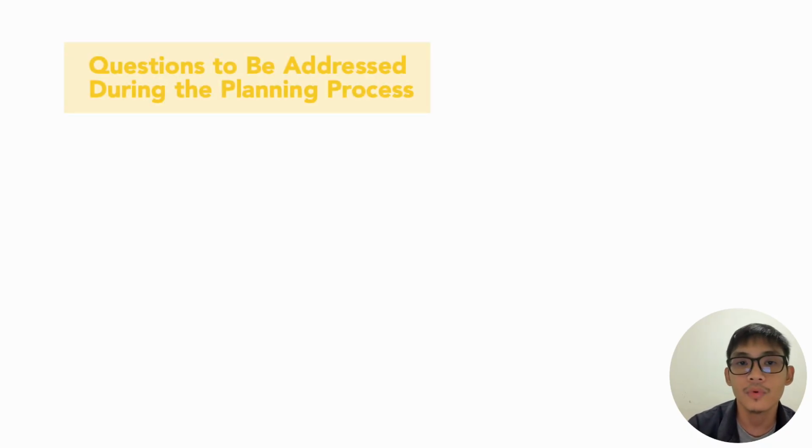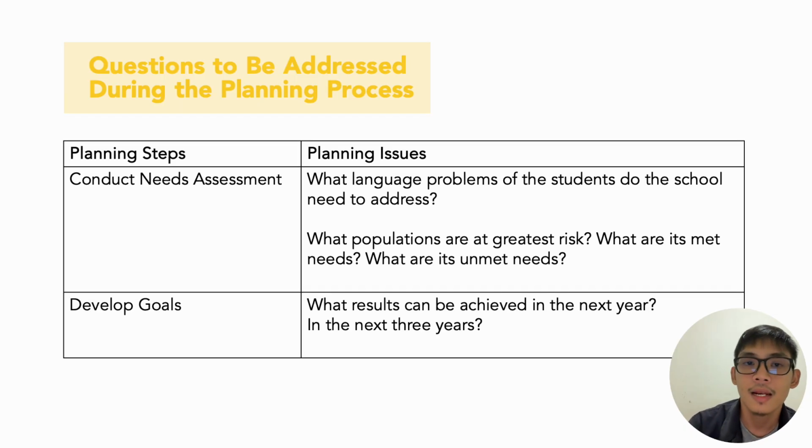It is important that during the program development planning, we understand the general steps that we need to take to begin the program implementation cycle and to end the program implementation cycle. Here we have questions to be addressed during the planning process. Like all program development plans, we always begin with questions on the conduct of needs assessment.